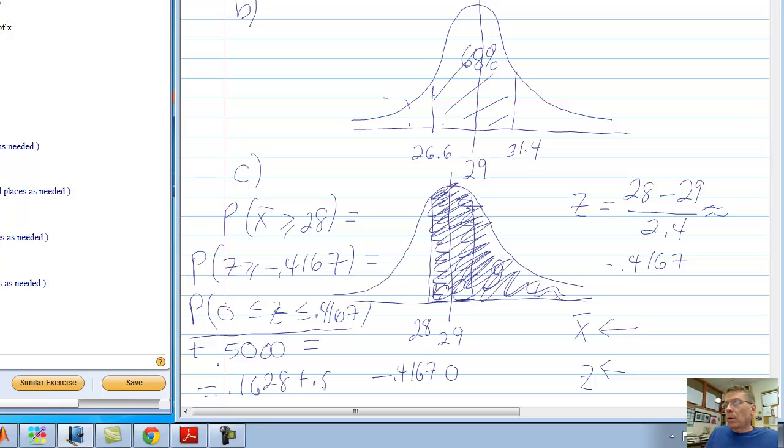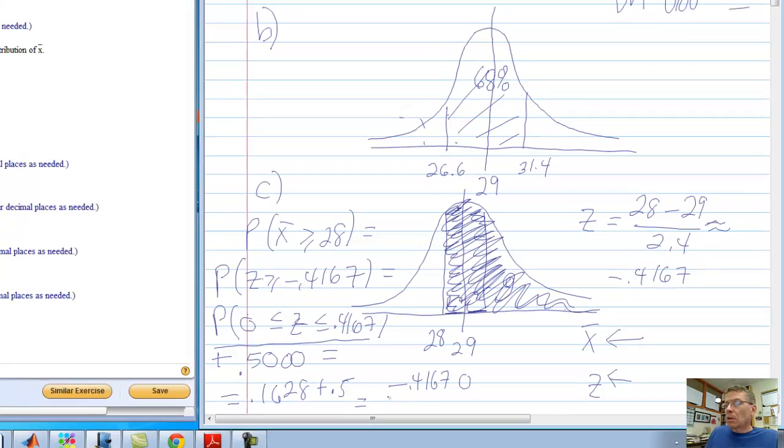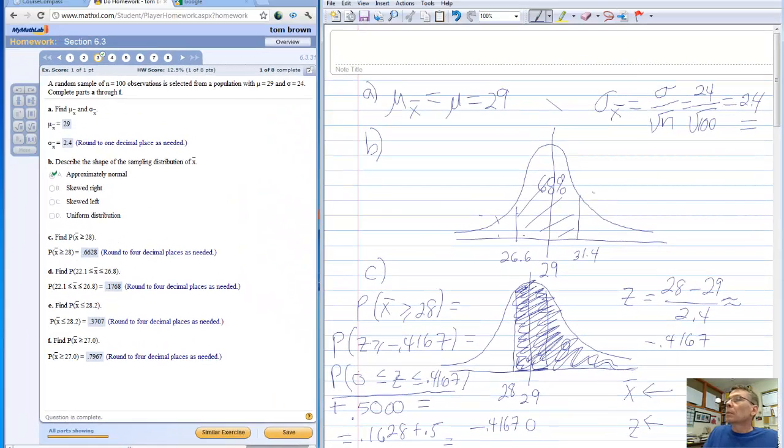Then we add the 0.5, which we have here, and that gives us 0.6628, which is the answer that I'm interested in.